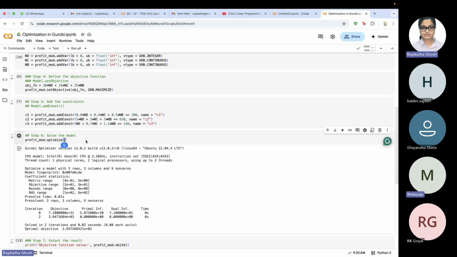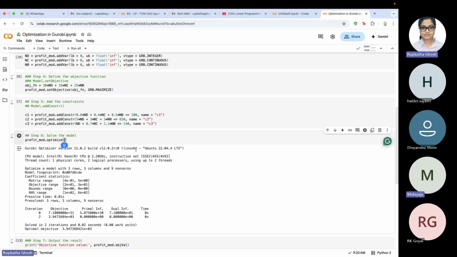PuLP is another module in Python which I primarily use for solving my linear programming models, because the models that I have built were mostly LP. PuLP: LP, MILP. That's what the LP at the end of PuLP stands for. But for non-linear programming and quadratic programming, you cannot solve it in PuLP. You need Gurobi for that.